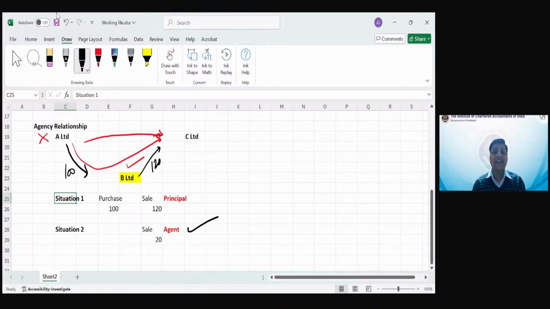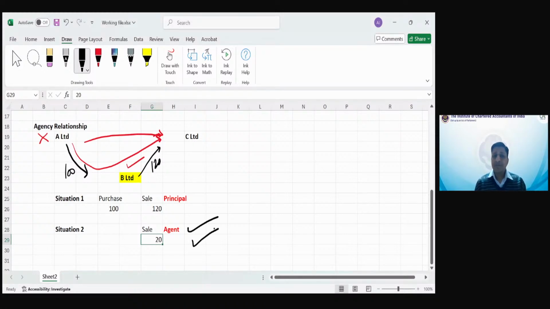Who is carrying the collection risk? Larry says A. Yes. So in such a case, B will be considered as the agent and not the principal.